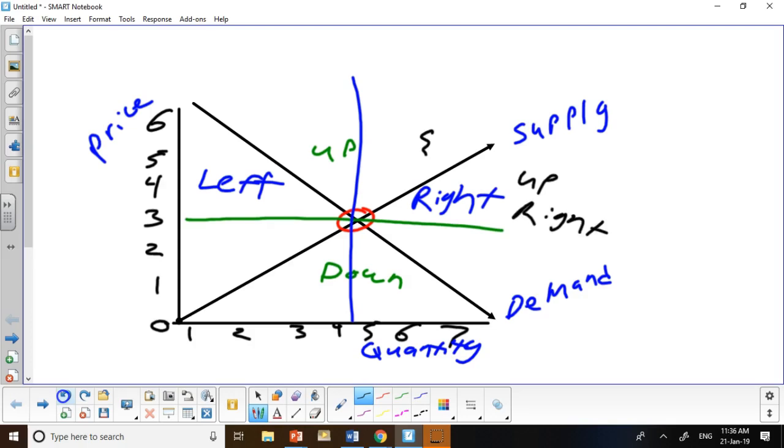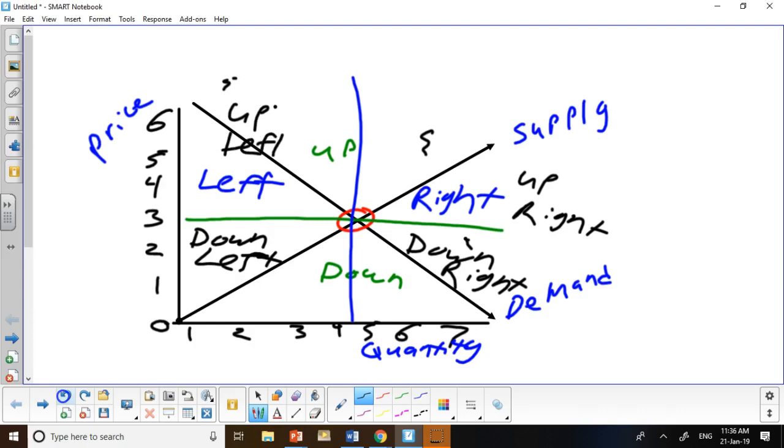Anything down in this general area is going to be down and to the right. Anything in this area is going to be down and to the left. Anything in this area is going to be up and to the left. That right there explains the direction of the shifting curve, how supply and demand shift.